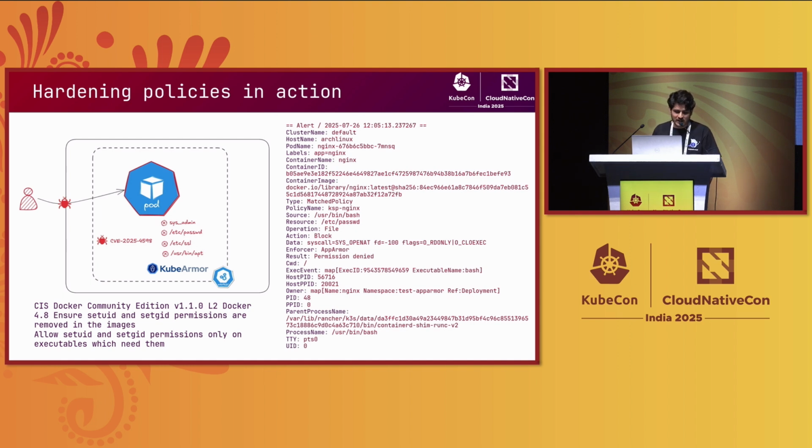So look at this particular security control, right? This is from the CIS framework, which recommends that inside the container, only the required binaries should have the set UID and set GID bits set. Let's say we make sure that our containers do not have any unnecessary binary with these security bits set.